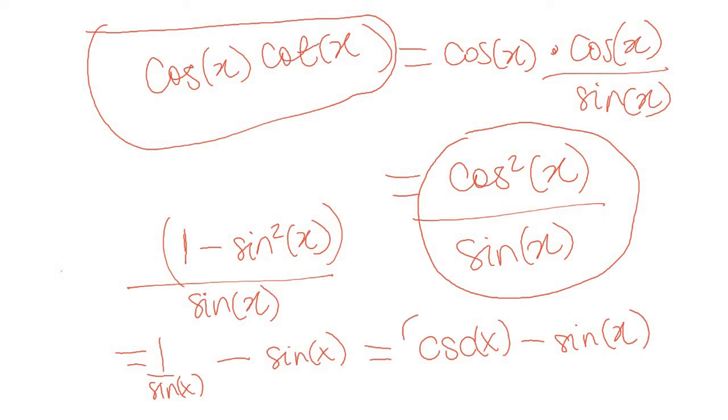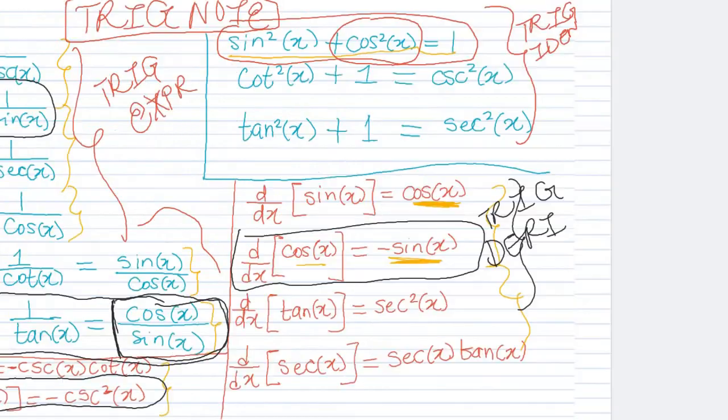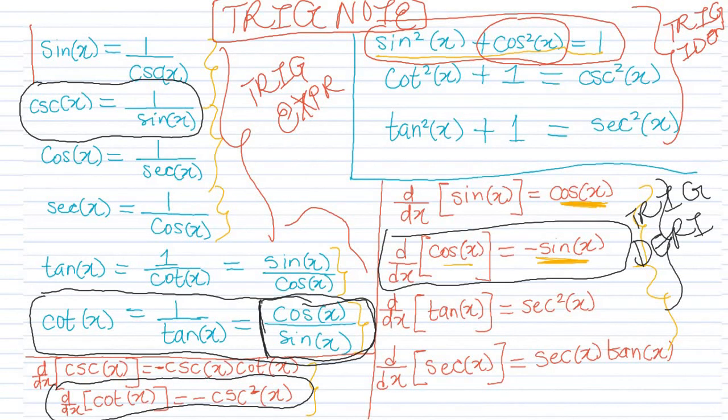So now this is going to be what we'll be asked to differentiate. We can actually do the shortcut method with this. When we differentiate cosecant x, what would we get? If we go back to our first page, what's the derivative of cosecant x? The derivative of cosecant x here is negative cosecant x multiplied by cotangent x.